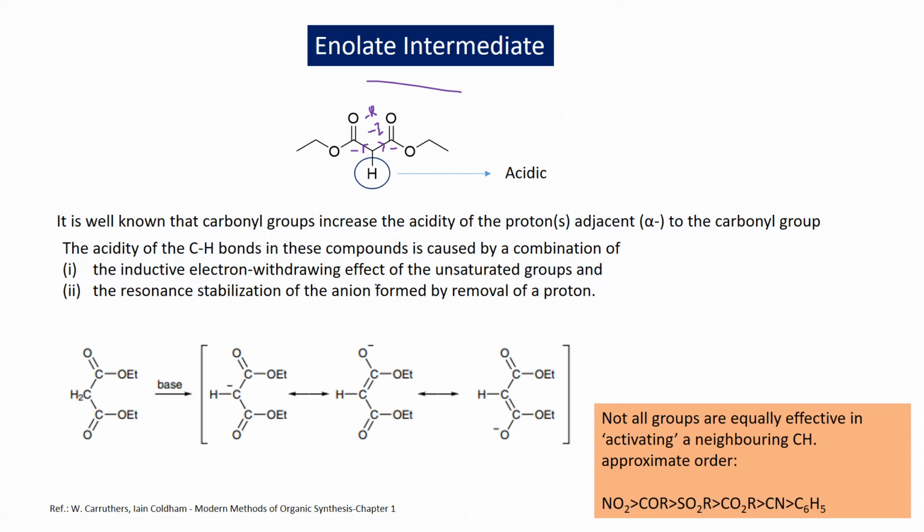So this alpha hydrogen is highly acidic, and due to that you can take this alpha hydrogen using any base and create a negative charge on this carbon. This negative charge can be stabilized by this adjacent carbonyl.